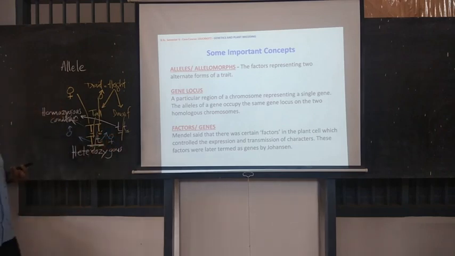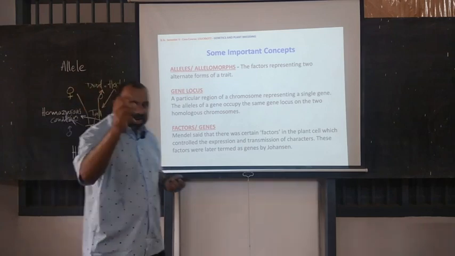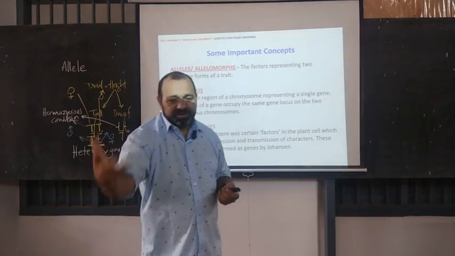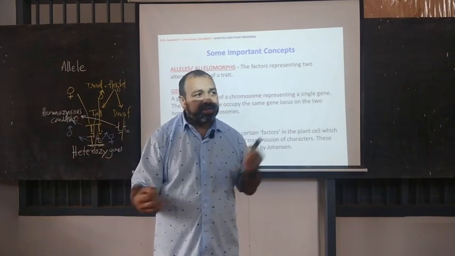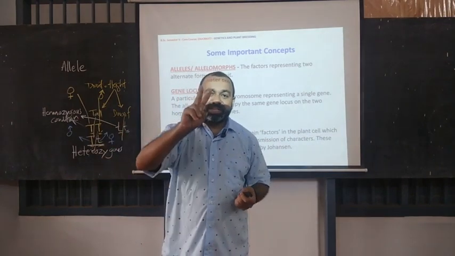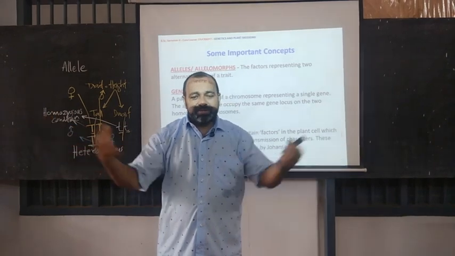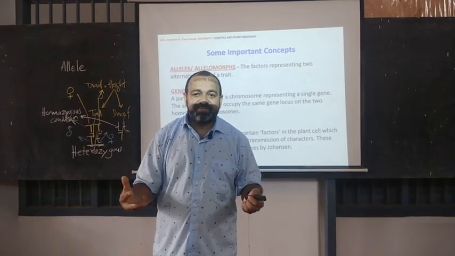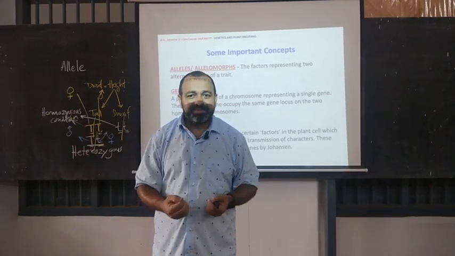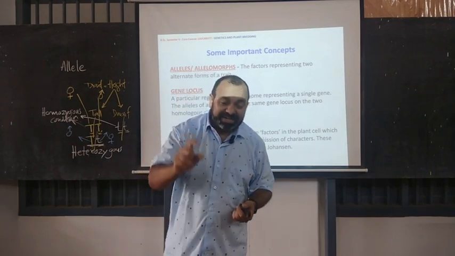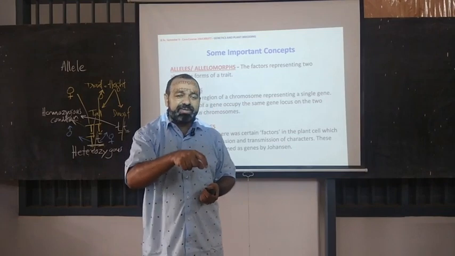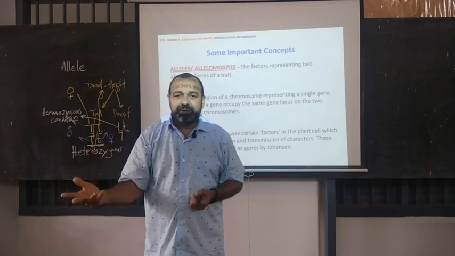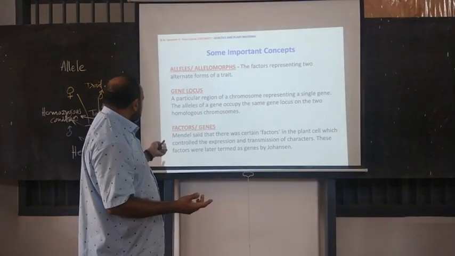Okay. So in any character trait, one allele will be on one homologous chromosome coming from the father and the other will be from the mother. So in a character trait, there will be two alleles, one from the father and the other from the mother. So that is the gene locus.